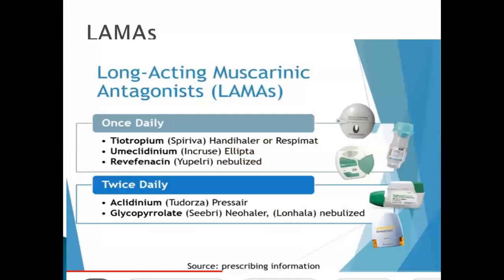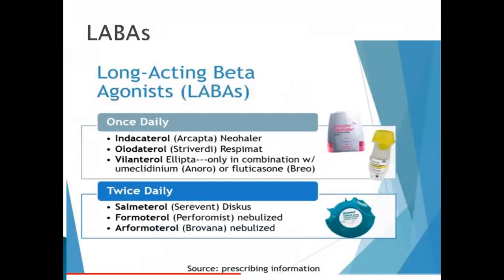And so these are some of the long-acting muscarinic antagonists that are used: the tiotropium, the umeclidinium, and then revefenacin, which are used once daily. And then the ones that are used twice daily, you have the aclidinium and then glycopyrrolate. Then the long-acting beta agonists or the LABAs, the daily dosing ones are the indacaterol, the olodaterol, and then the vilanterol.